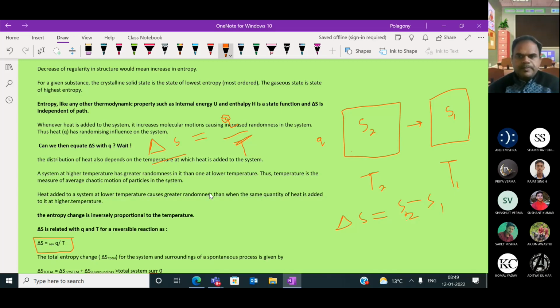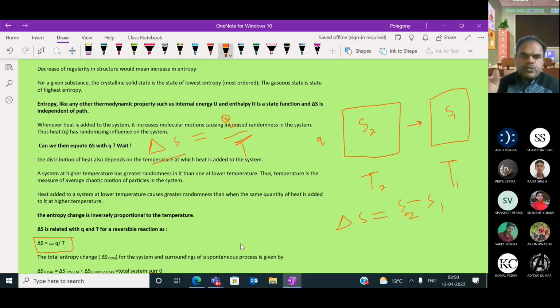Are you listening to me? See, we were talking about the first law of thermodynamics, which is enthalpy, internal energy change. Internal energy change is equal to work done on the system plus Q, heat released, or work done by the system.